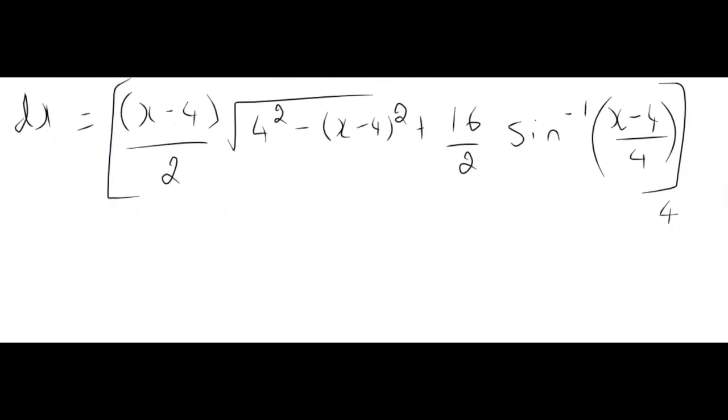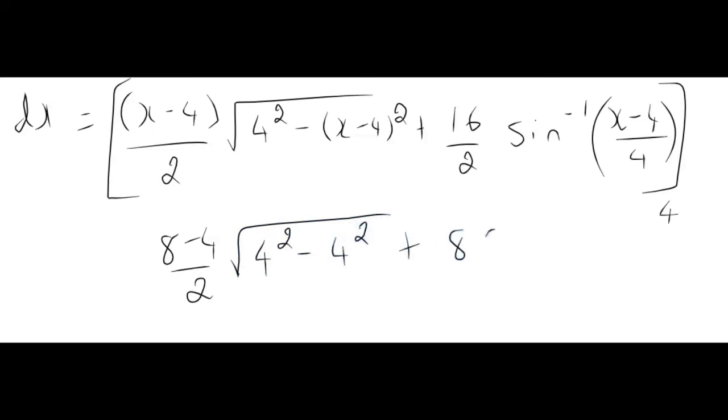Now applying the limits, when I apply the upper limit, I'll get 8 minus 4 by 2 square root of 4 squared minus 8 minus 4, which is 4 again, 4 squared, plus 16 by 2 is 8 sine inverse of 8 minus 4 is 4, so 4 by 4. Of course, the lower limit is fully going to be 0 because the lower limit is 4. 4 minus 4 by 2, so 4 minus 4 is 0.